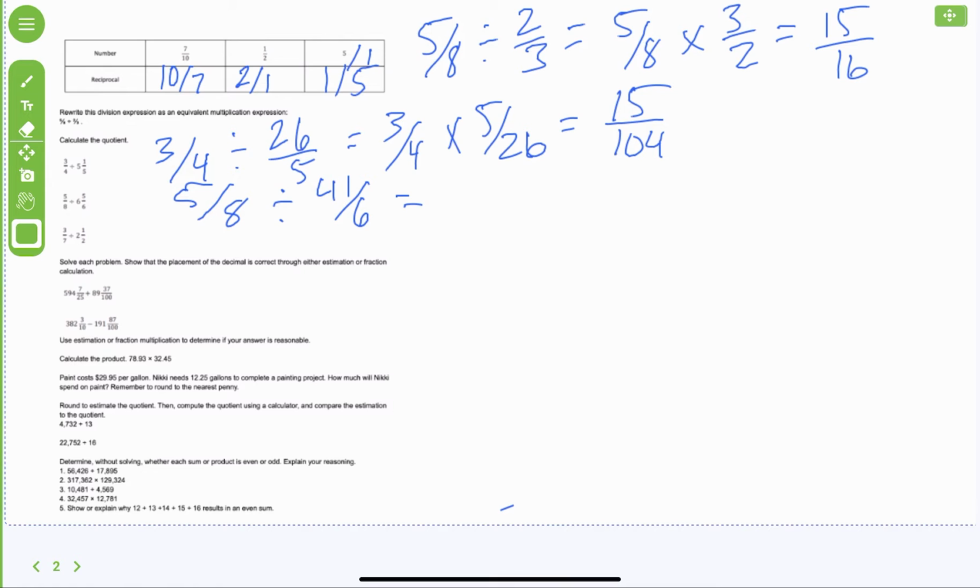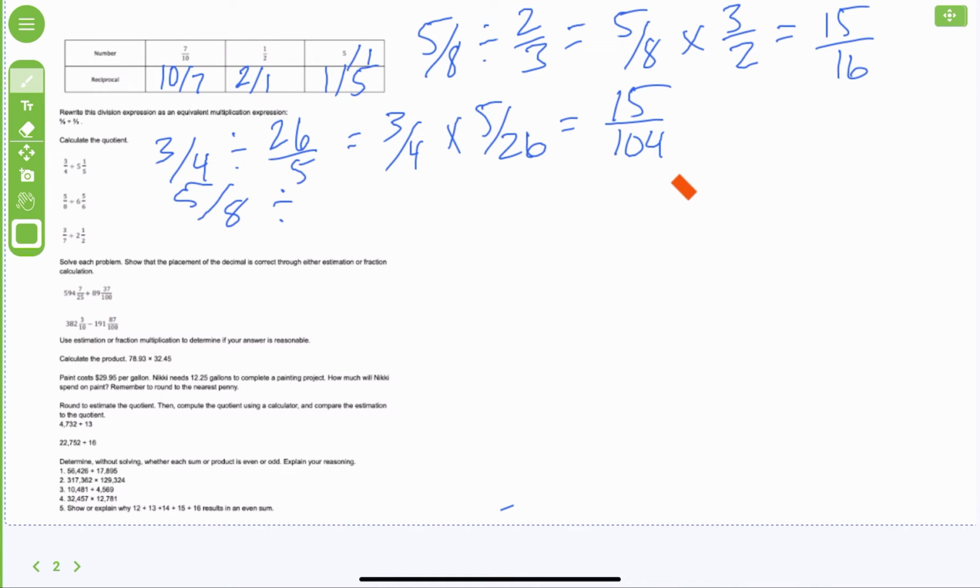Can we reduce those? Don't look like it. 205/48. Hold up, I didn't flip it, did I? I got to flip it.